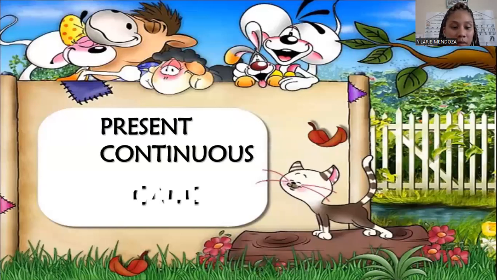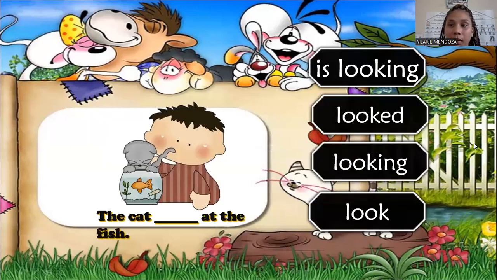In the present continuous, there is a game in the class session. You will play with the teacher. For example, the cat at the fish is looking. Look, looking.